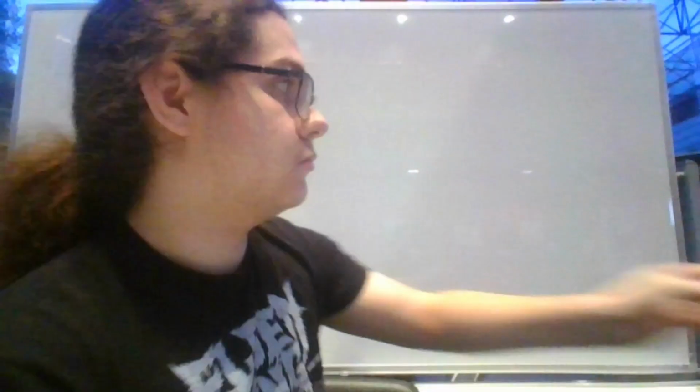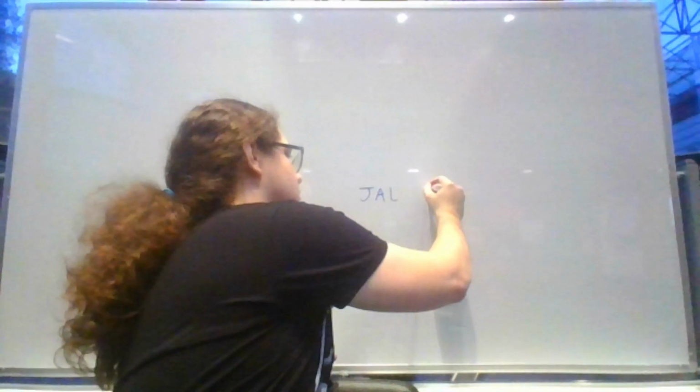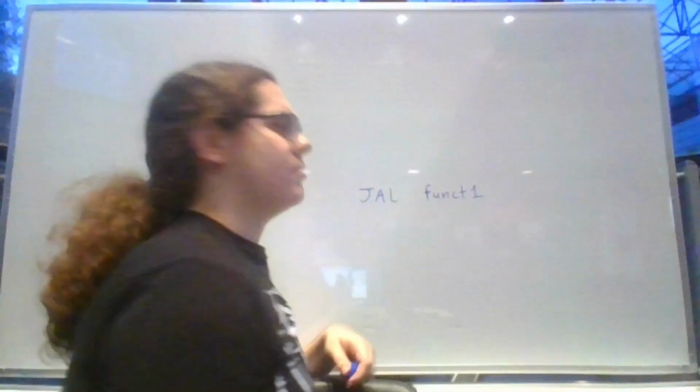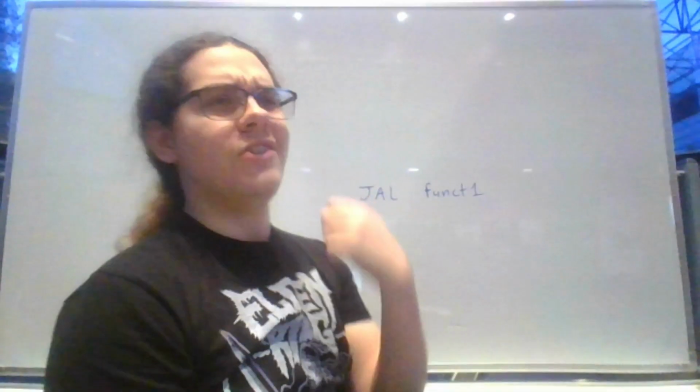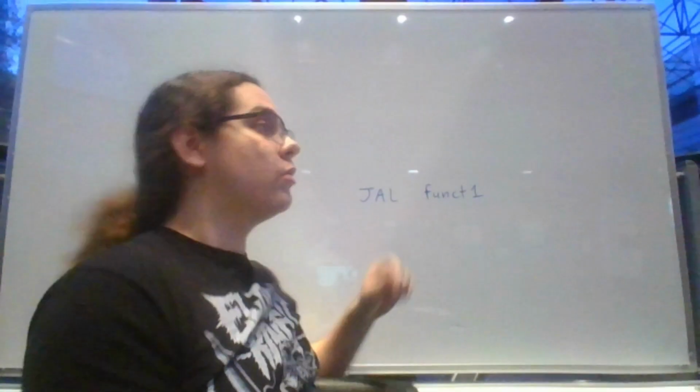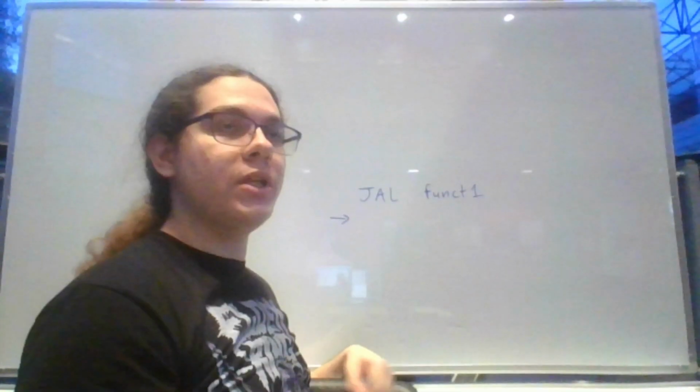We don't need to specify. It's the PC. Yeah, when you do JAL, you just have to tell it where you want it to jump. It's going to handle remembering where to come back to when you return from there.